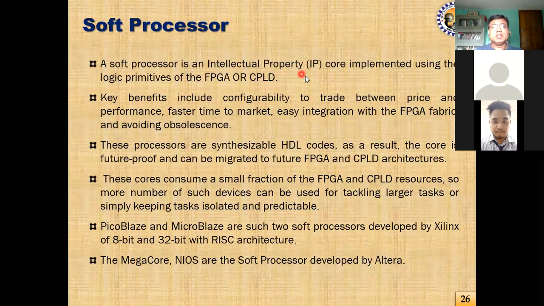So it is intellectual property core, why it is called IP, is that because it is a program, like it is a VHDL program or a Verilog program or some other similar type of program, which has got certain inputs, certain outputs, and it has got processor like structure. Those who know about 8085 microprocessor or similar type of microcontroller, so we can think that the soft processor is also a microcontroller.